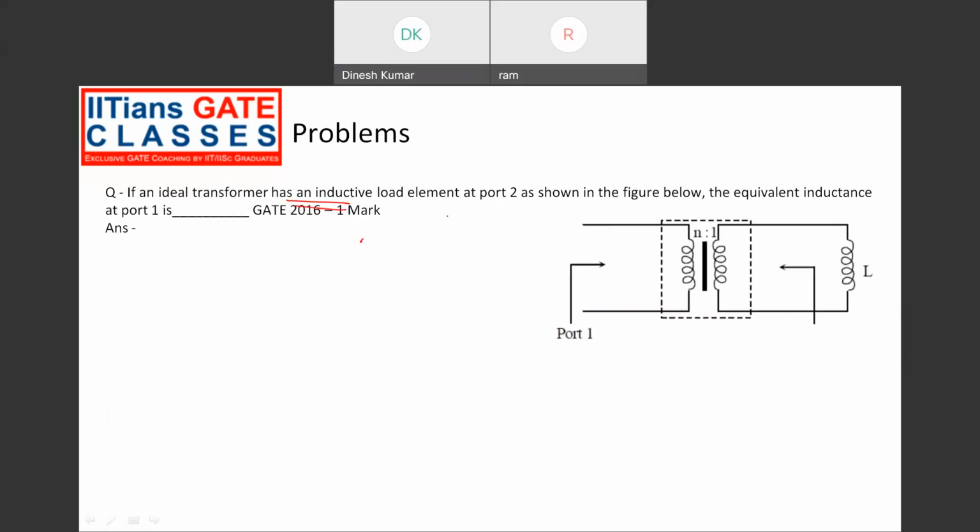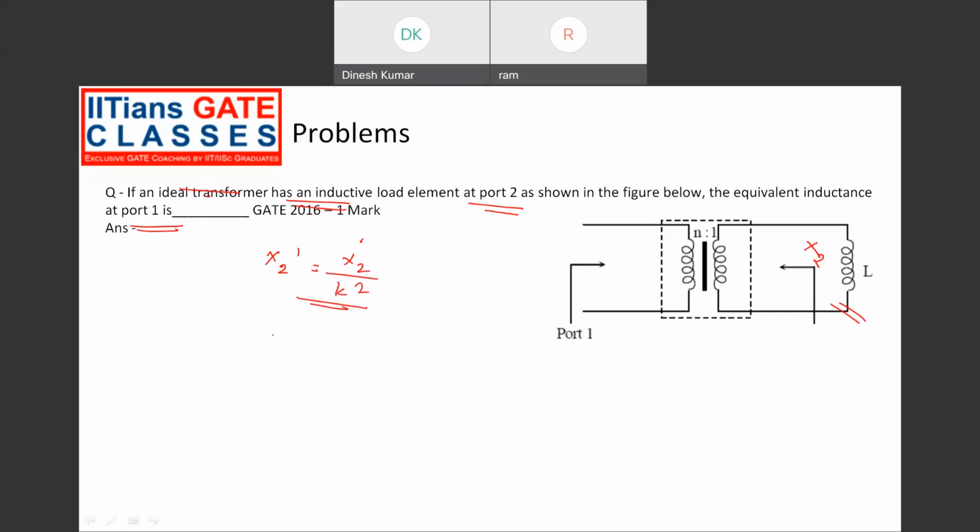If an ideal transformer has an inductive load element at port 2 as shown in the figure, they're asking for the equivalent inductance referred to the primary side at port 1. Let's call this x2, similar to what we have seen earlier. If you want to refer x2 to the primary, it becomes x2 dash, which equals x2 by k square.